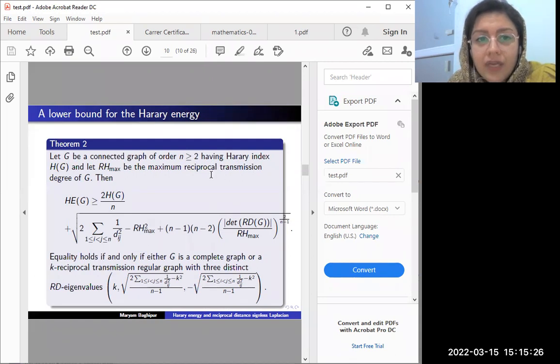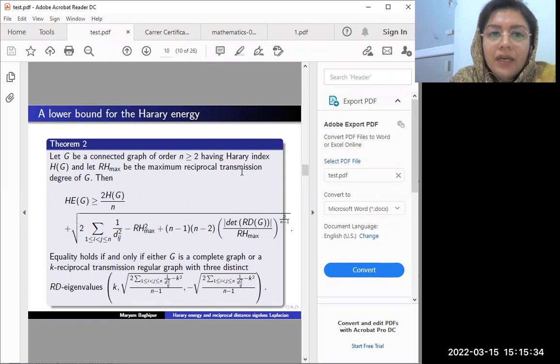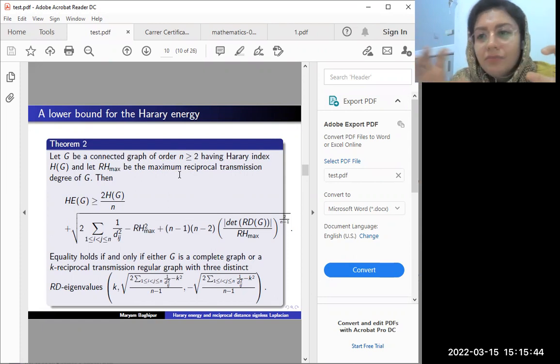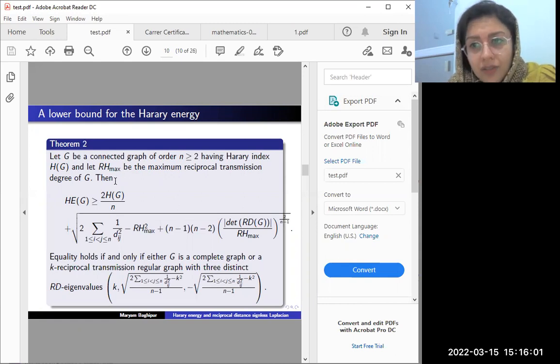Another result is a lower bound for Harary energy in terms of the Harary index and the order and maximum reciprocal transmission. All of the vertices in a graph have a reciprocal transmission, and we can write the reciprocal transmission numbers in a sequence. The maximum is really important, maximum and minimum. There is a relationship between the maximum reciprocal transmission, the spectral radius, and the sum of eigenvalues.